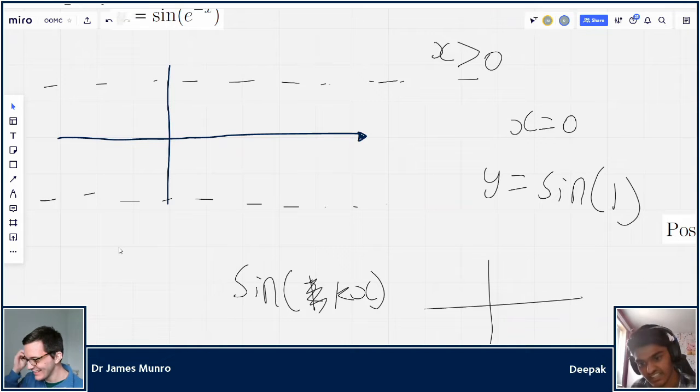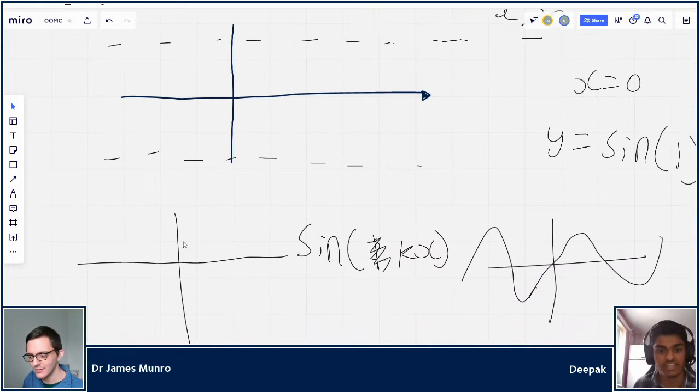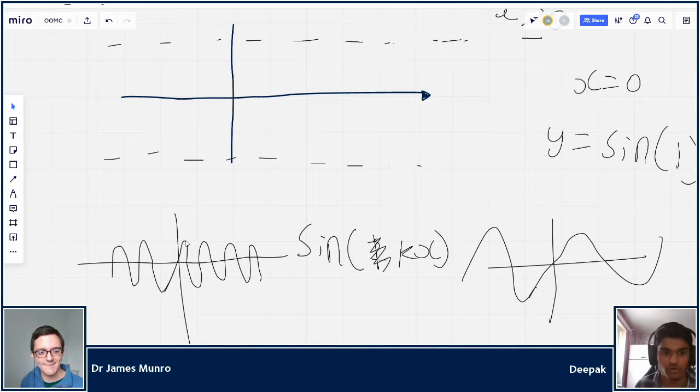So this is just sine of x. If we draw another axis and sketch sine of 10x, for example, it's sort of the same thing, not an amazing sine curve, but compressed a bit more.